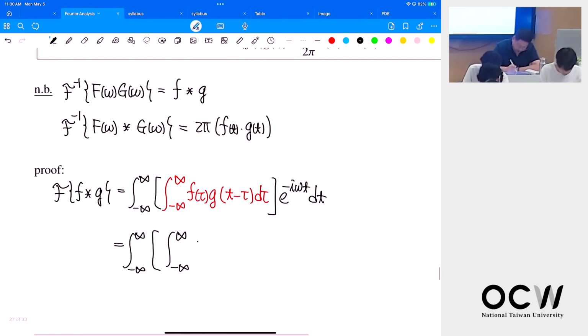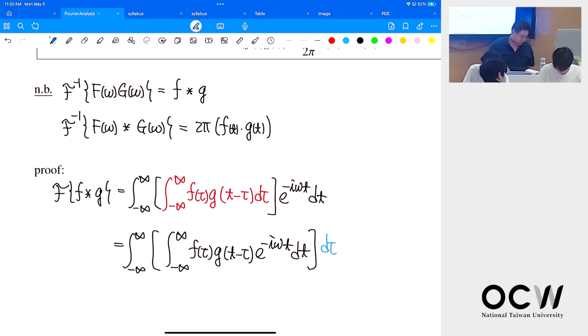I have f of tau and g of t minus tau, and the exponential, then I have dt first, and then d tau. If I do the dt first, this f of tau is a function of tau, nothing related to t, so I can put it outside.